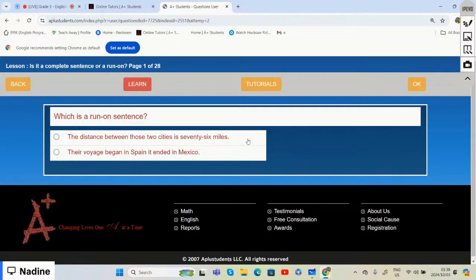So is it option one, the distance between those two cities is 76 minutes, or option two, the voyage began in Spain, it ended in Mexico? We need to say which is a run on sentence, option one or option two.